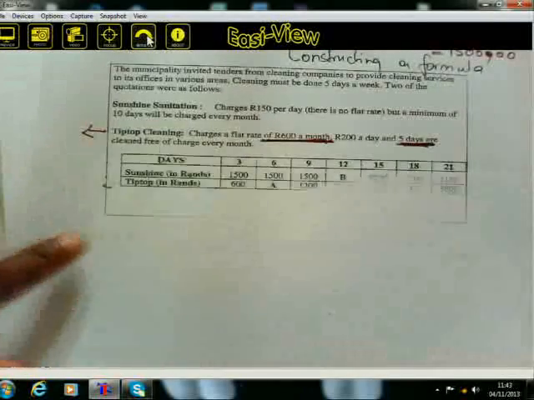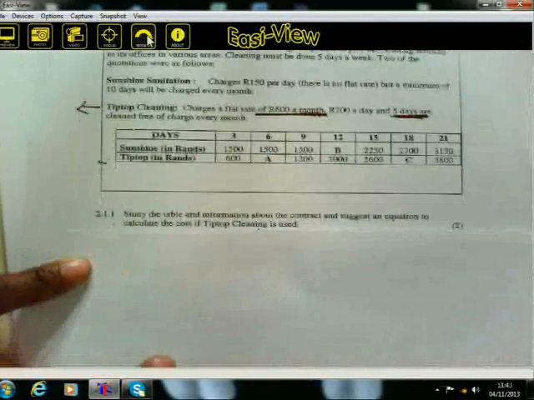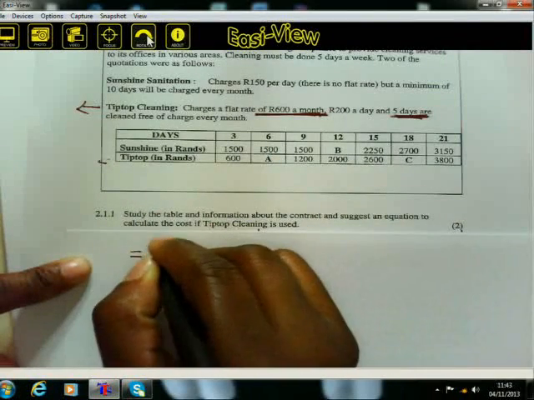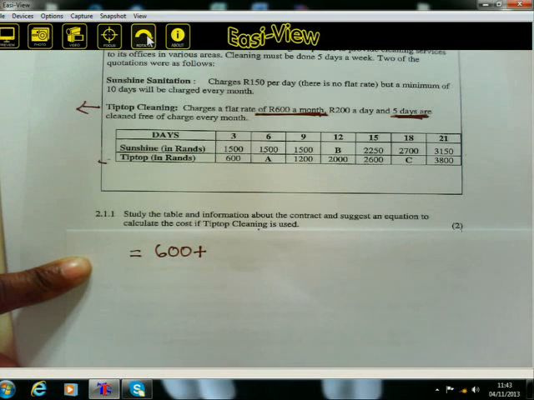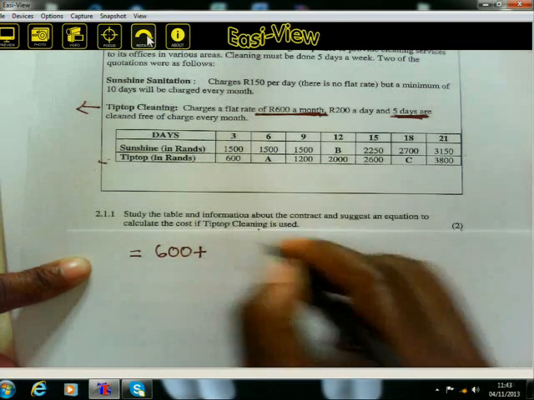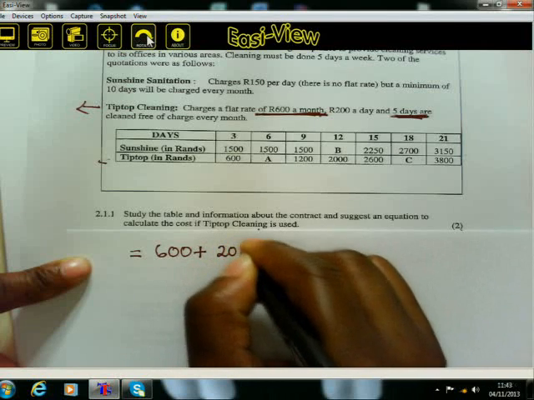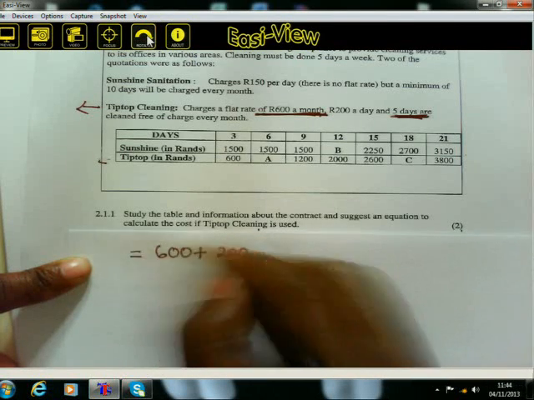So in your formula, there must be that value. Let me get a clean paper. So for 2.1.1, the formula will be 600 rand plus, now remember, there is this 200 rand. Let us go back.